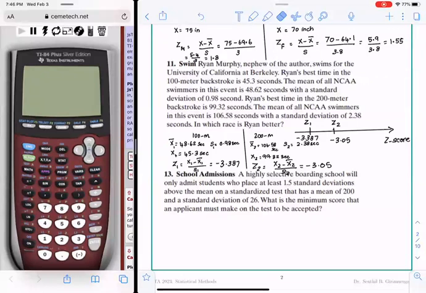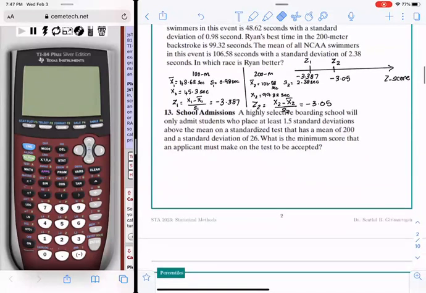For a student to get at least 1.5, in other words, 1.5 or higher, if I compute the score for that Z score, then I'll know what that is.